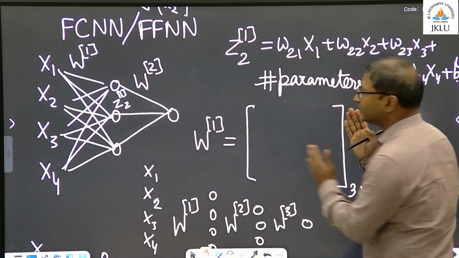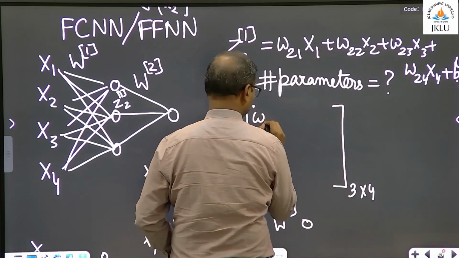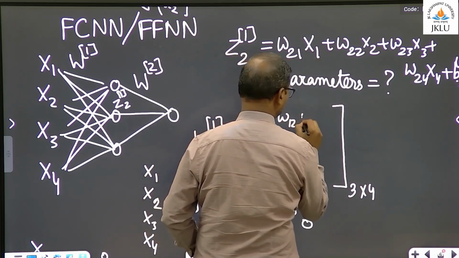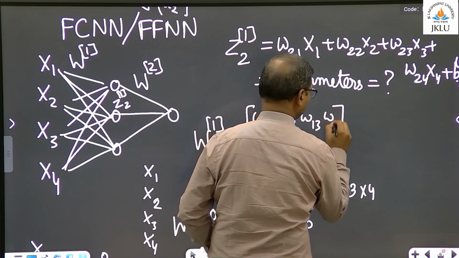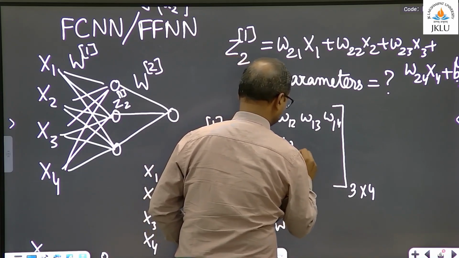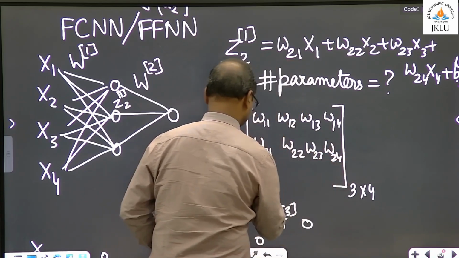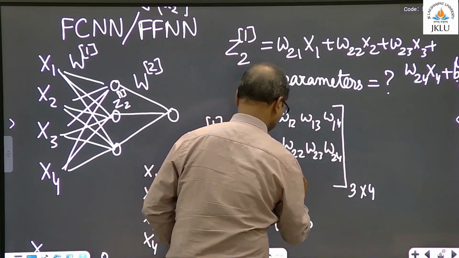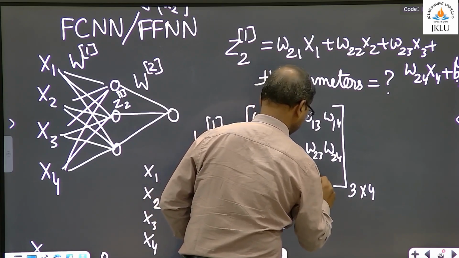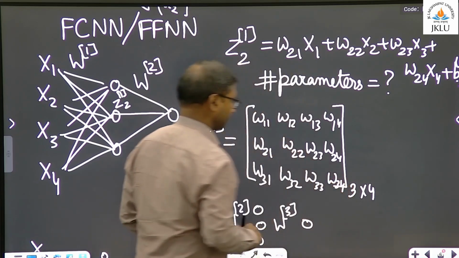How will you fill in elements in this matrix? This is how I would do. If you have something different that is better than this, let me know. Okay.